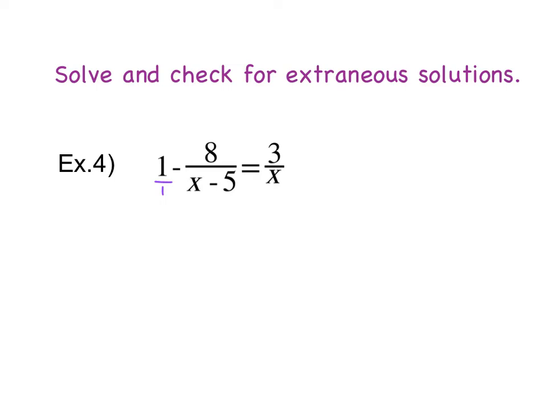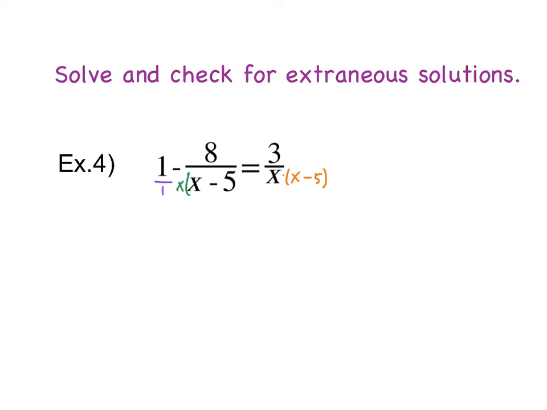So, of course, the 1 is not going to change anything as far as the x minus 5 and the x. So it's more about thinking about what does the x minus 5 have that the x doesn't, what does the x have that the x minus 5 doesn't. So remember, x and x minus 5 cannot be multiplied by anything to get them to be the same, so we just end up multiplying them by each other.